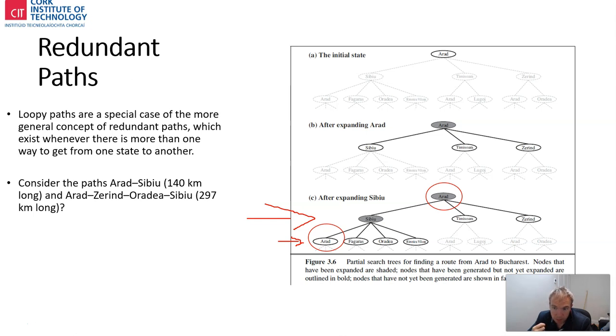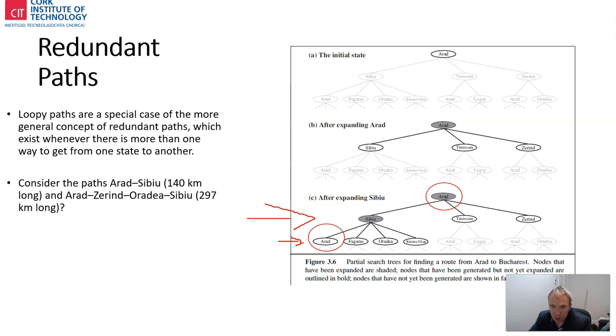Then we have to acknowledge that this can cause problems with the state space in that the original map only had 20 states, but now we have this infinite loop whereby we can keep expanding Arad, okay? And loops can cause certain algorithms to fail, and it can make otherwise solvable problems unsolvable.